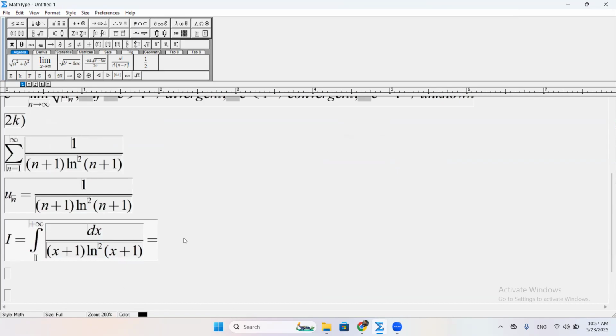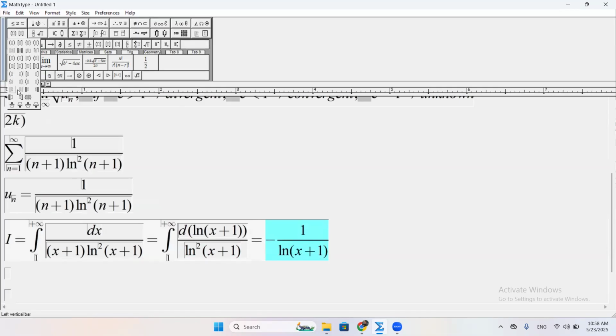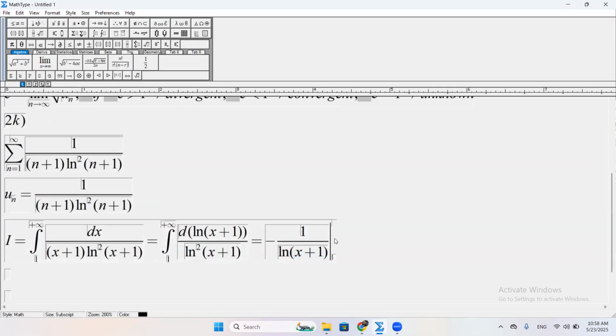So here we will use the differential entry technique. We have the differential of logarithm of n plus 1, or x plus 1, and I will receive minus 1 over this logarithm, with substitutions from 1 to plus infinity.